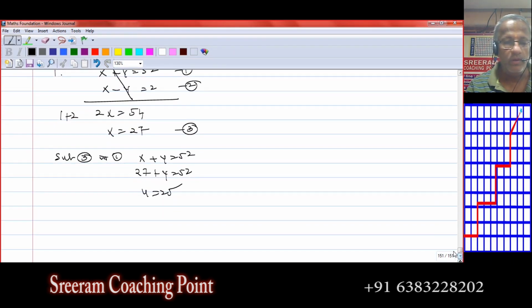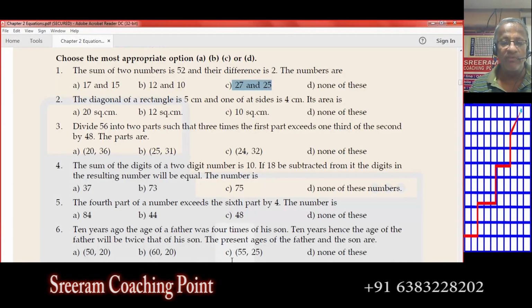Yes, sir. 2. The diagonal of a rectangle is 5 centimeter and one of its sides is 4 centimeter. Its area is 20 square centimeter, 12 square centimeter, 10 square centimeter, or none of the above.